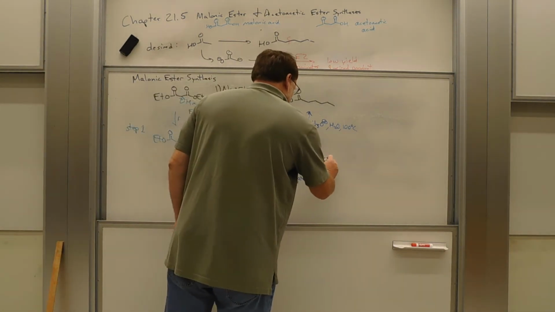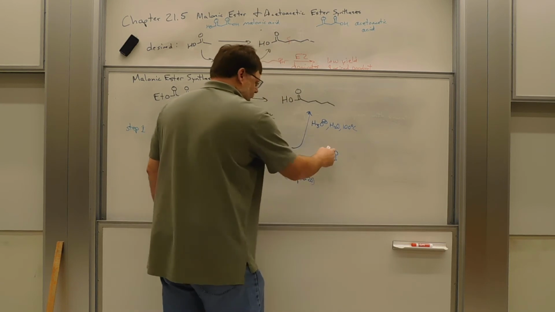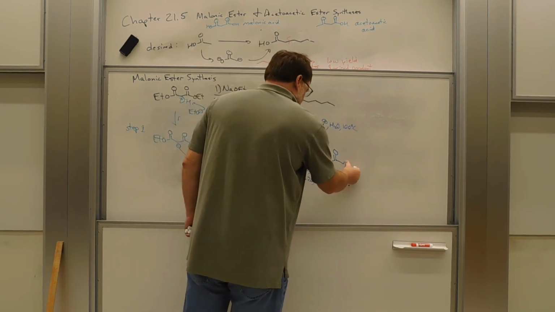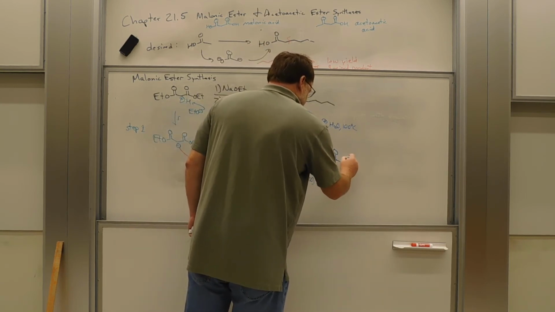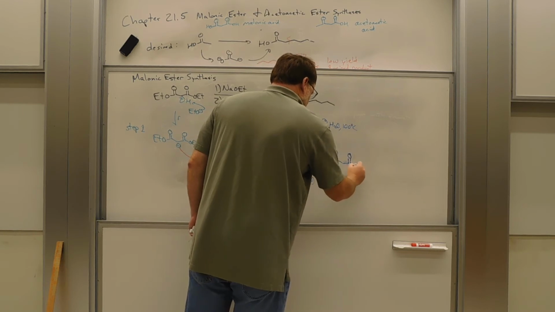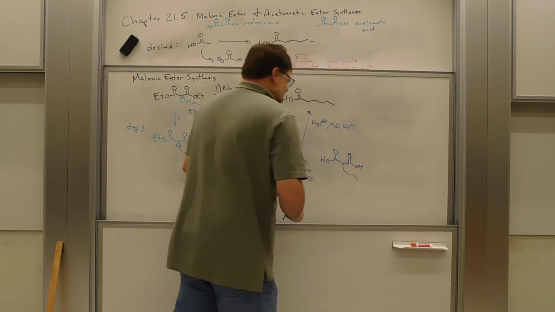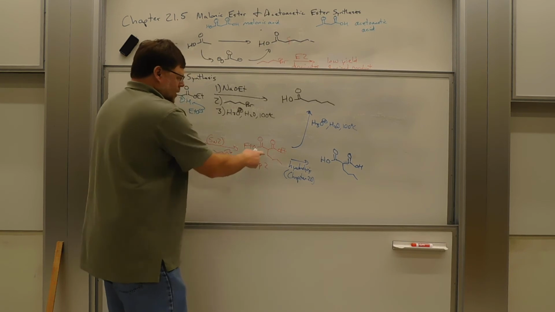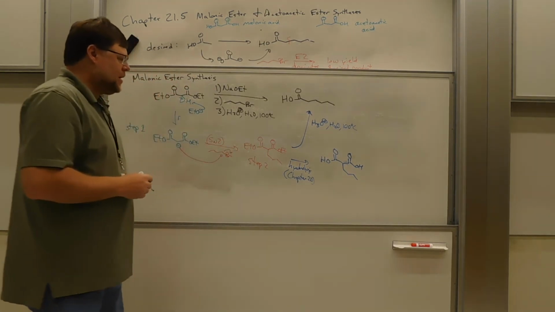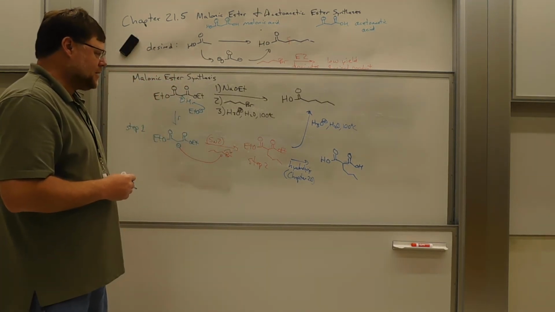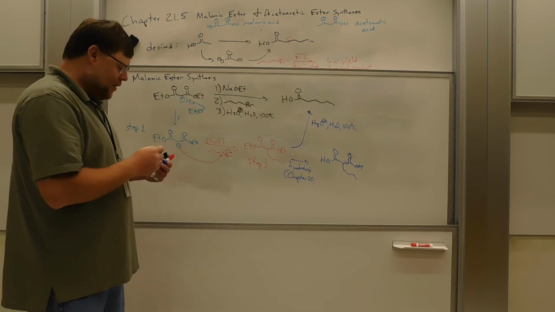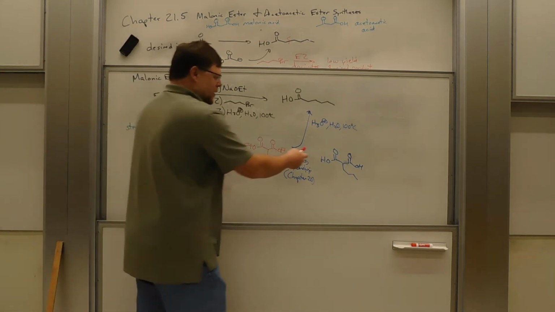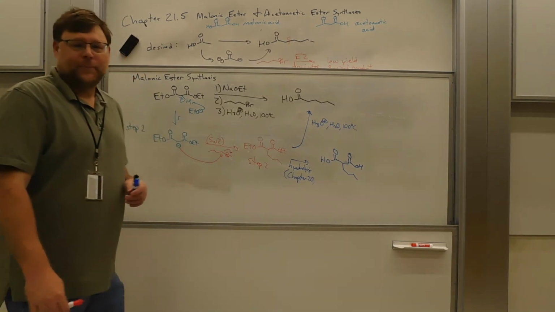And so this will give us, under acidic conditions, the carboxylic acids will be protonated. There's a bad bond. Okay, nothing's going to happen here. We're keeping that enolizable position protonated because we're under acidic conditions. Everything's protonated. And now, you've got 2 carboxylic acids.